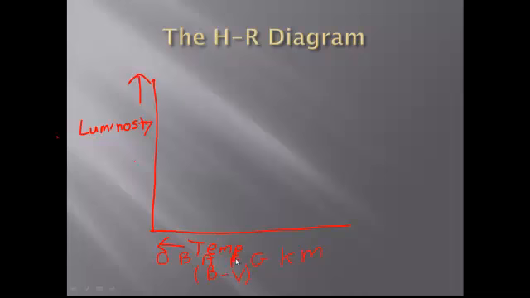So we have to watch and keep in mind what we're actually doing. We have to remember that very small B minus V's, a negative color index, means that you have a very hot star. So the negative numbers go to the left. The positive numbers go to the right. So that one makes sense in terms of how we normally plot something.